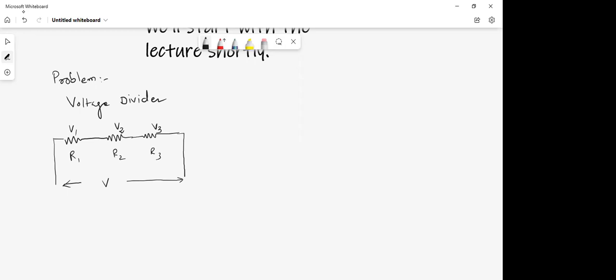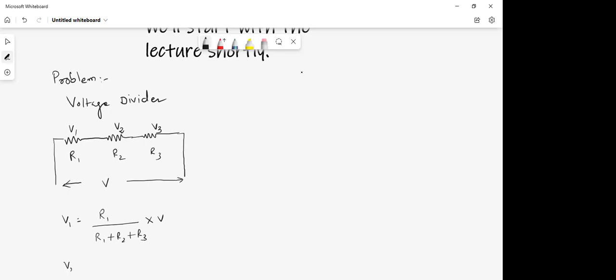we saw the formula that if I want V1, then I'll take the same resistor in numerator divided by what all resistors are there in series into the voltage which is to be divided. Fine. This is a very simple step.